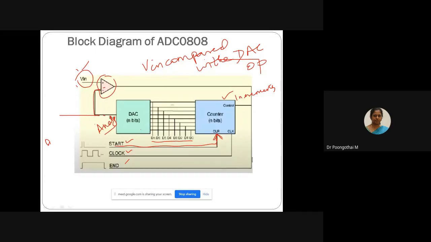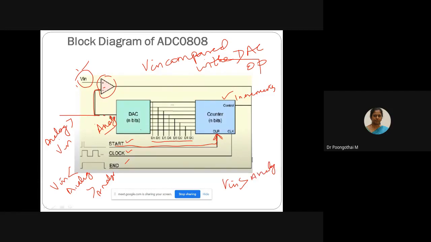The comparator will check whether Vin is lesser than the analog output or greater than the analog output. So it checks the conditions. Suppose Vin is greater than the counter's analog output.